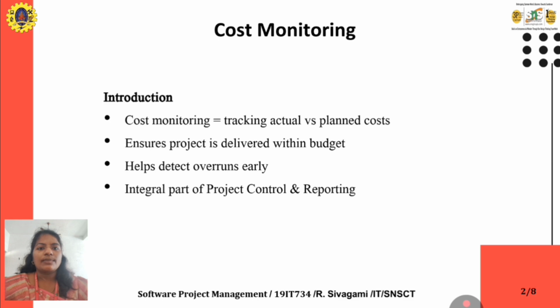Before the project starts, we plan how much cost we have to spend on it. But after the project completion, it will show a different amount from our planned cost. Cost monitoring is the difference between the actual and planned cost, and it ensures the project is delivered within the budget.